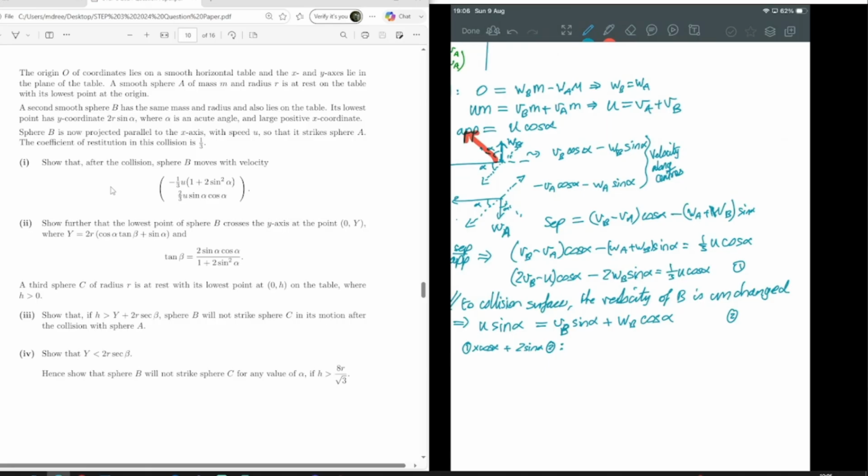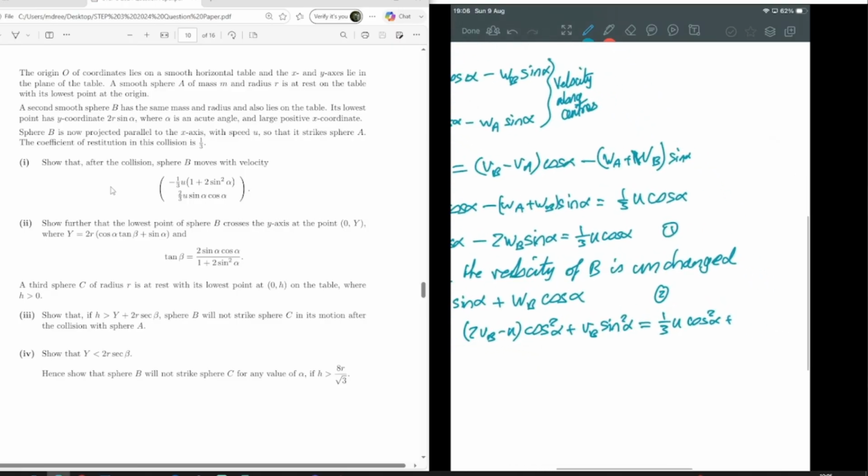So that's going to be 2VB minus u cos squared plus VB sine squared equals a half u cos squared plus u sine squared.